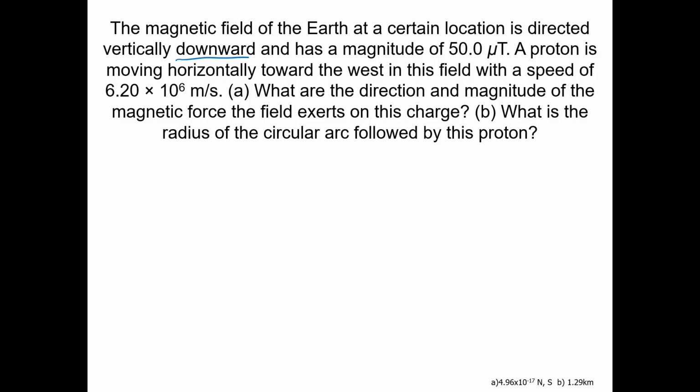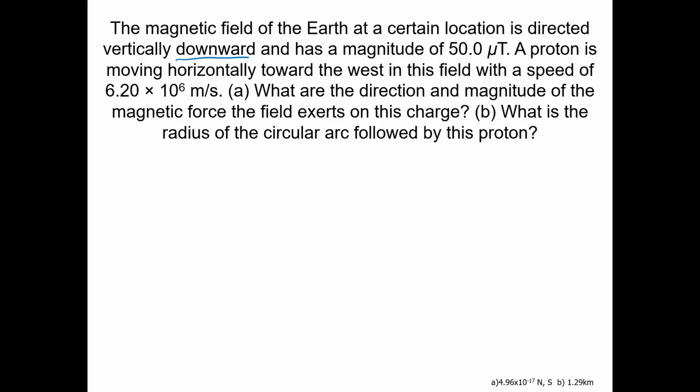That's when we're going to have a magnetic field pointed directly downward. And it has a magnitude of 50.0 microteslas. Remember, teslas are very small, so you're going to tend to see some of those smaller SI units. And we have a proton that is moving horizontally towards the west in this field with a speed of 6.0 times 10 to the 6 meters per second.